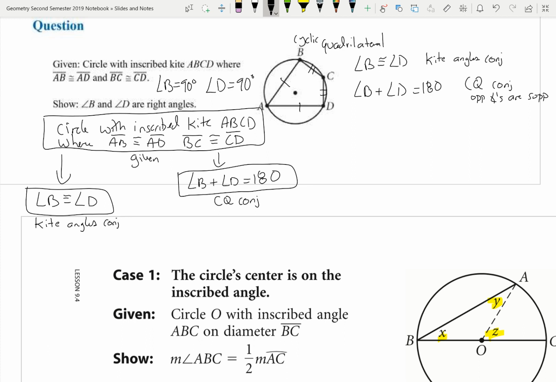So what we can do now is do substitution so that angle B plus angle B equals 180. Which means 2B equals 180, so B equals 90.